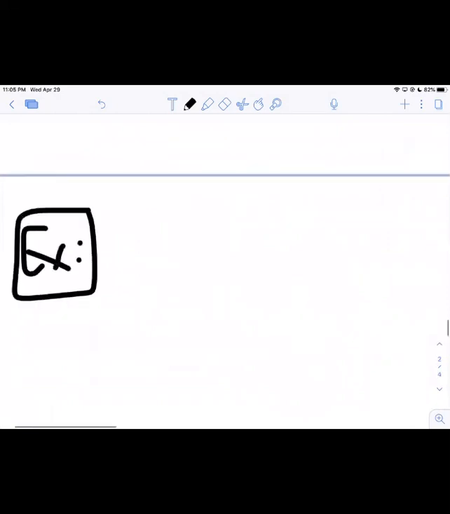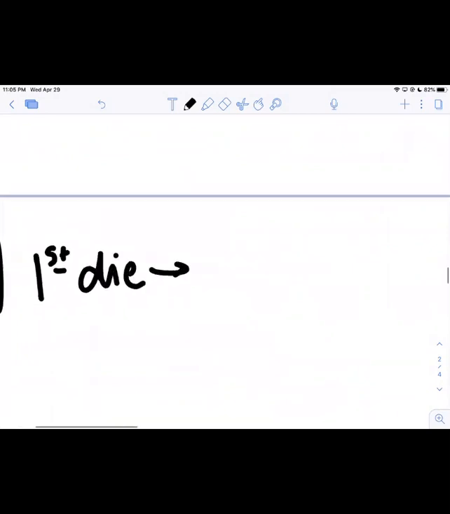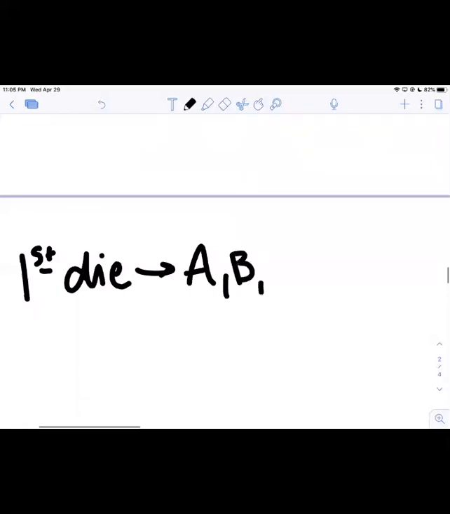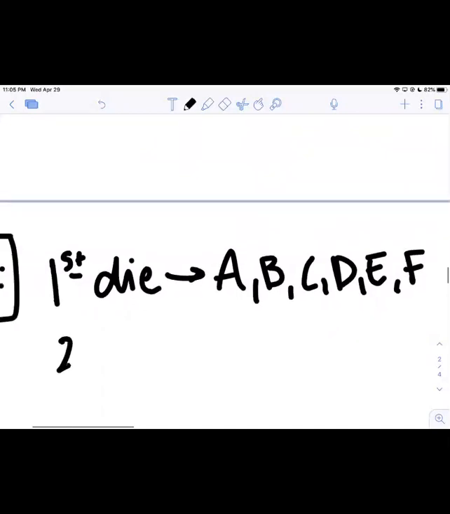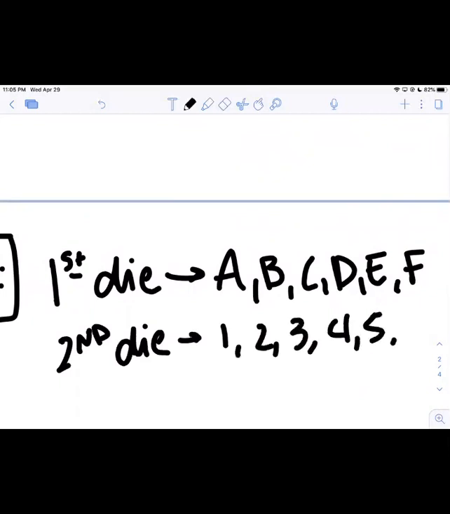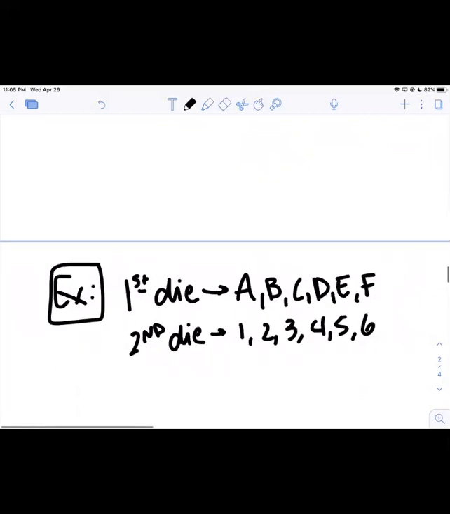Okay, example. In this case, I've got 2 dice. The first die has letters on its face. It has A, B, C, D, E, and F as its faces. The second die is a normal die, and it has 1 through 6 as its faces.